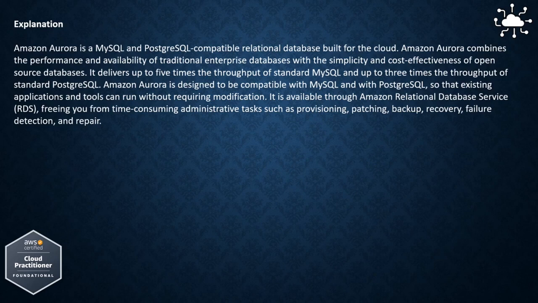Amazon Aurora is designed to be compatible with MySQL and with PostgreSQL, so that existing applications and tools can run without requiring modification. It is available through Amazon Relational Database Service, RDS, freeing you from time-consuming administrative tasks such as provisioning, patching, backup, recovery, failure detection, and repair.